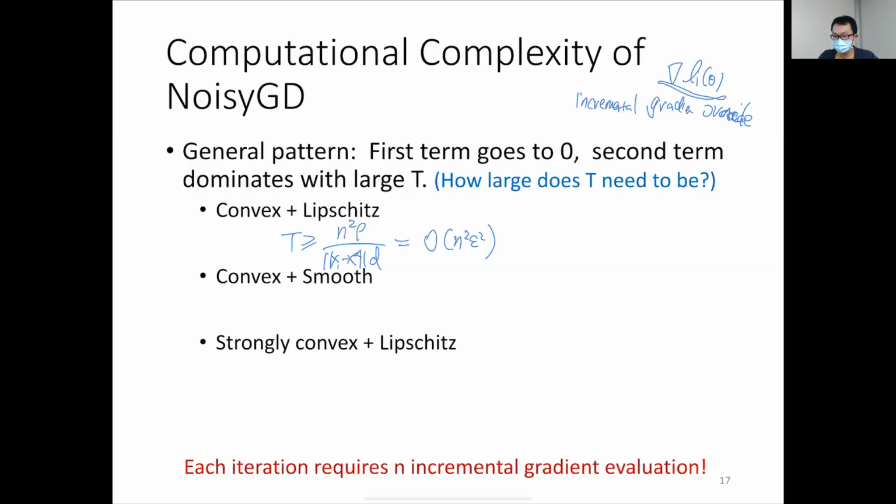Since every iteration requires going over the entire data set to compute the gradient, the total number of calls to this gradient oracle is n cubed epsilon squared.